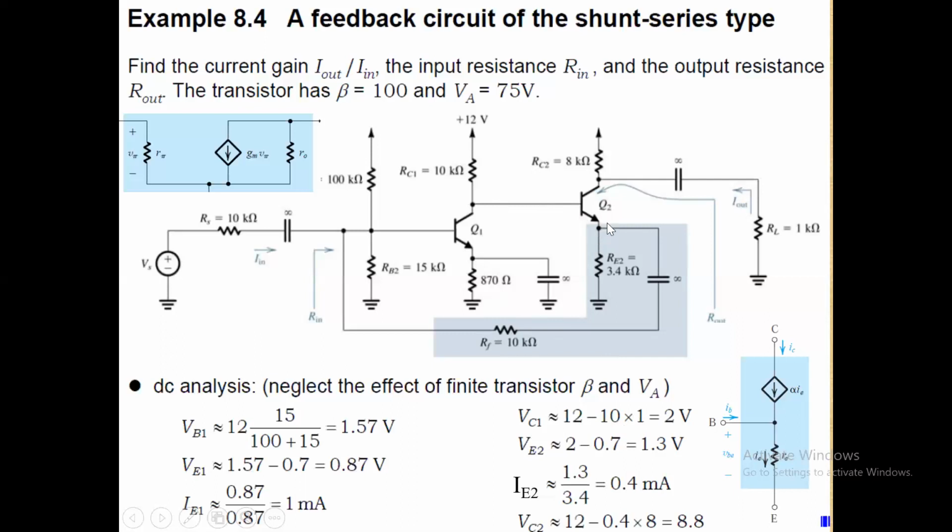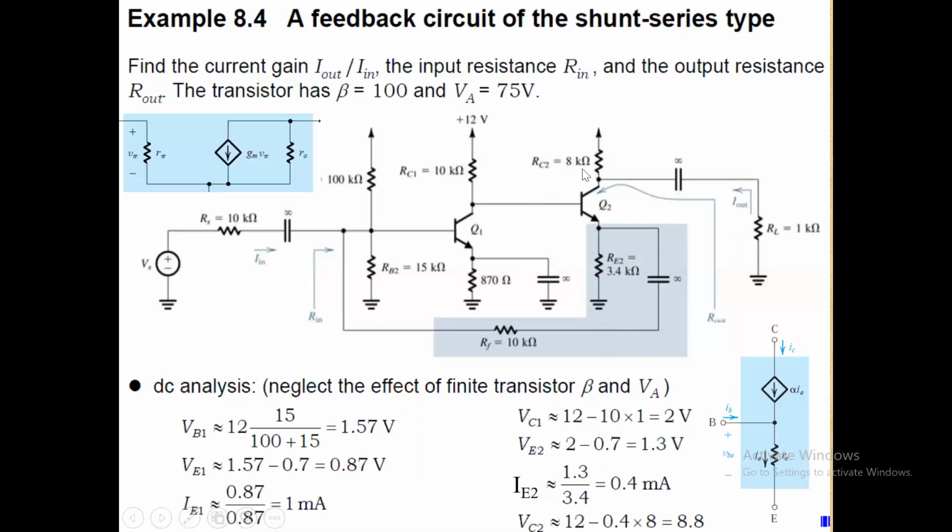Having found this, again we can find the emitter current, which is 1.3 by 3.4 kilo ohms here, and that turns out to be 0.4 milliamperes. We can consider that to be the current, neglecting the current flowing here. So IE is considered approximately equal to IC.